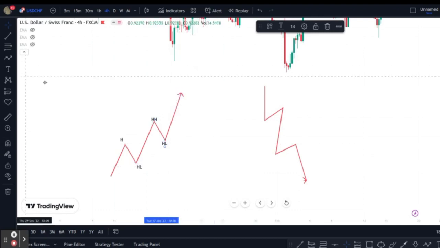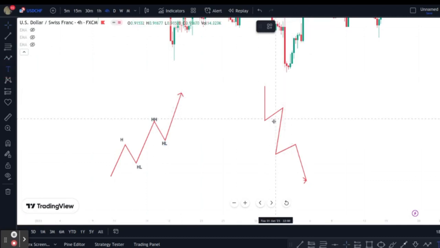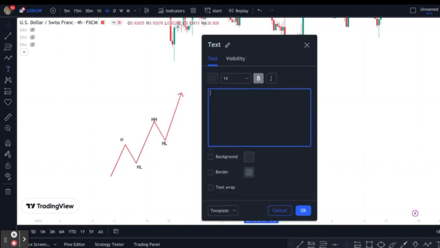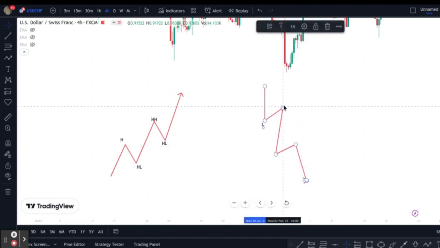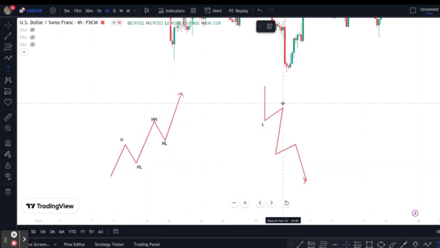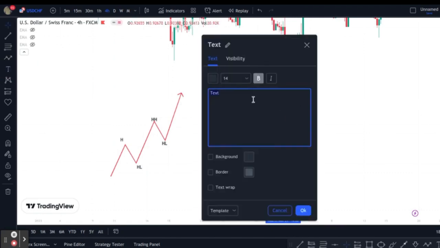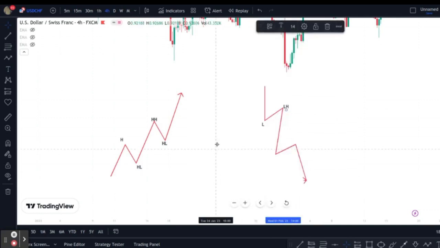So the same thing when the market is in a downtrend. The market forms a low, which is L. Then at the end of the retracement, it forms a lower high, LH. When something is going up, that is what we represent by high. And when something is going down, that's what we represent by low. You understand?